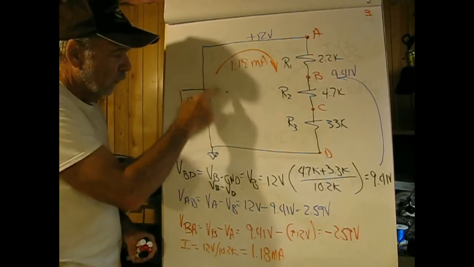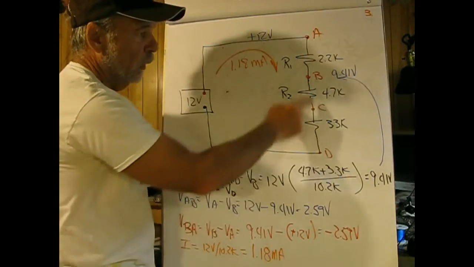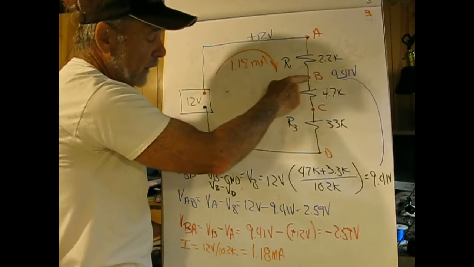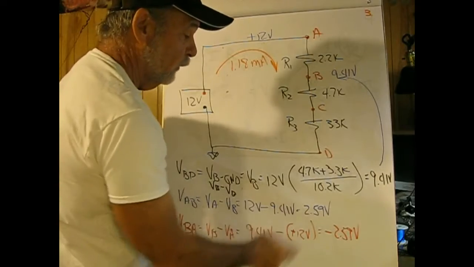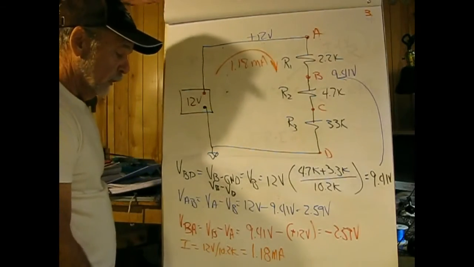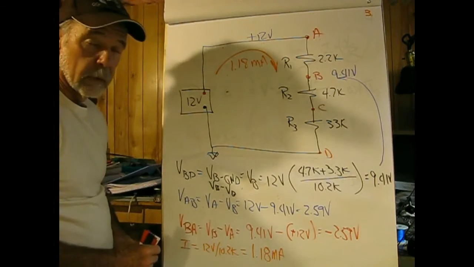So we'll have 12 volts relative to ground minus the 9.41 volts we just determined was at node net name B, and that'll give us 2.59 volts across this resistor. Do note that was the same as what we got in the voltage divider before.